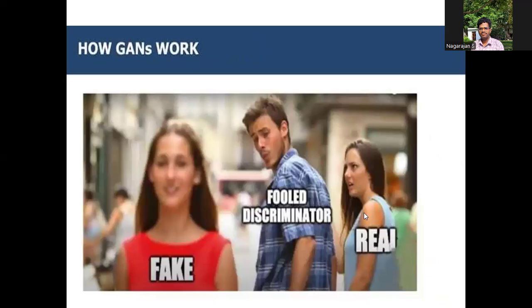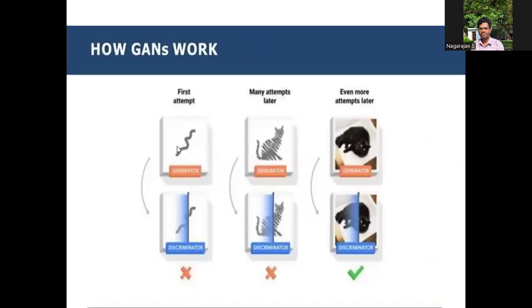This is a fake one, this is a real one. In continuation, first we train the generator with many attempts, and the generator will predict, for example, a cat. Similarly, the discriminator decides, and if it is not a cat, it will reject it.